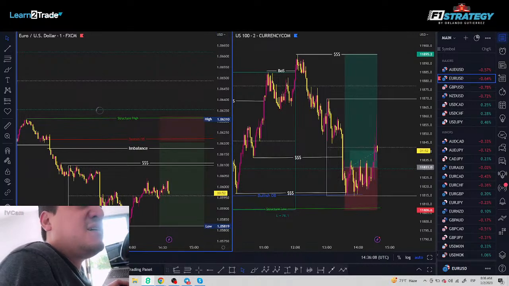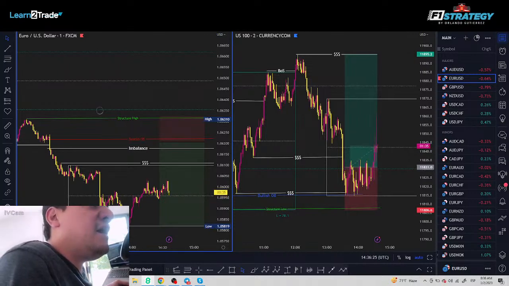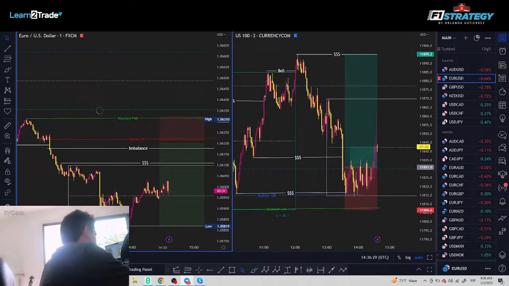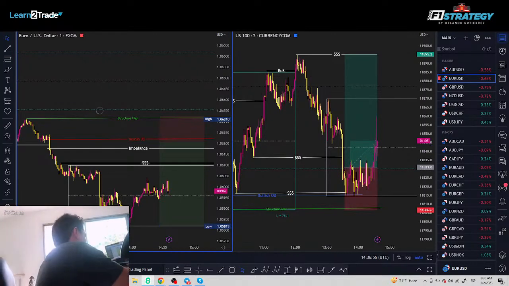So now my real stop loss is at 11,813, and my risk now is just 0.3%, 0.35%.